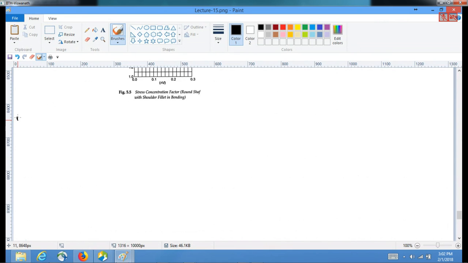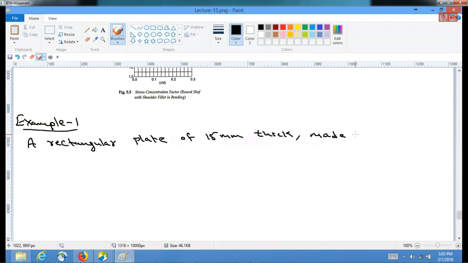Okay, now example 1. Consider a rectangular plate of 15 mm made of brittle material.